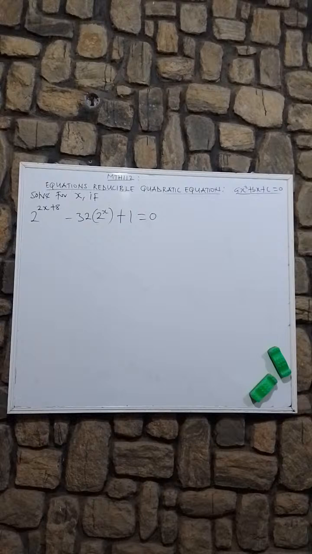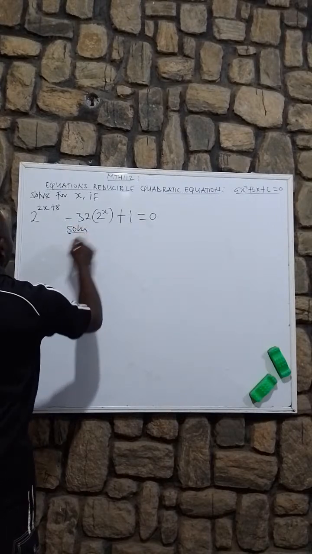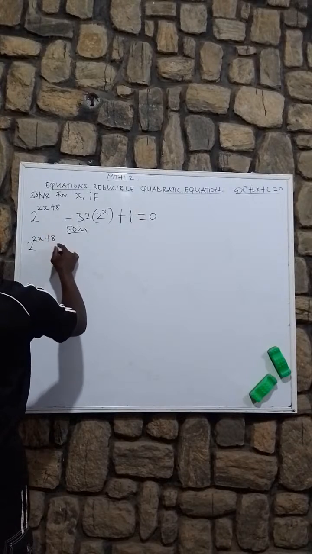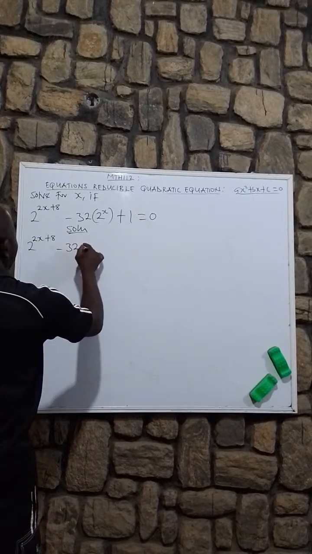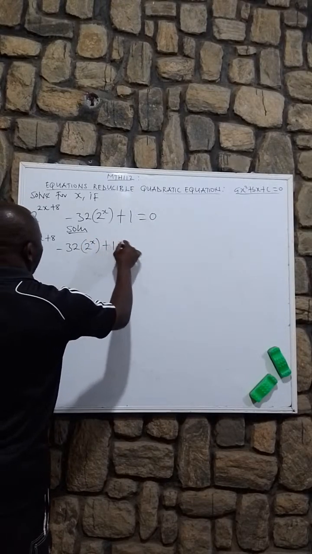Okay, yeah. Let us look at it together. So let's write the solution. 2 raised to the power of 2x plus 8 minus 32 all in bracket 2 raised to the power of x plus 1 equals 0.